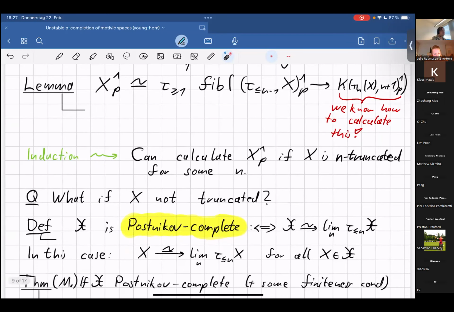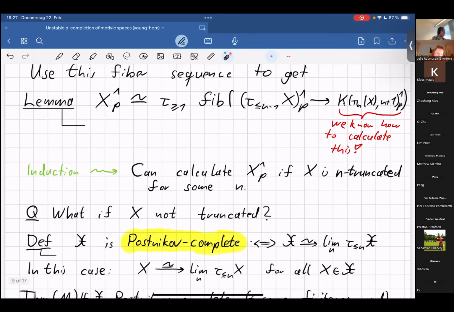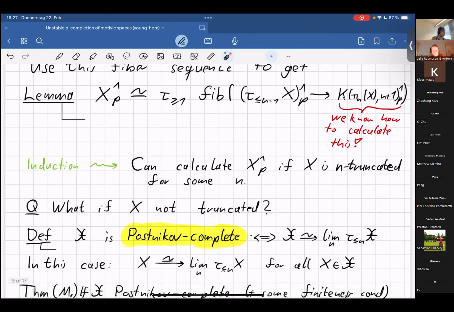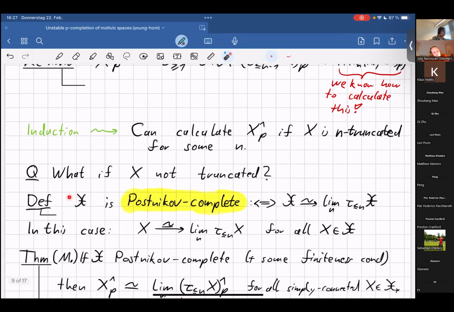And now you can ask, what if X is not truncated? And in anima, what you do is you can take the Postnikov tower and write X as the limit over the Postnikov tower. And in a general infinity topos, this is not possible, but we say that an infinity topos X is Postnikov complete if X as a category is isomorphic to the limit over the subcategories of X consisting of the n-truncated objects.